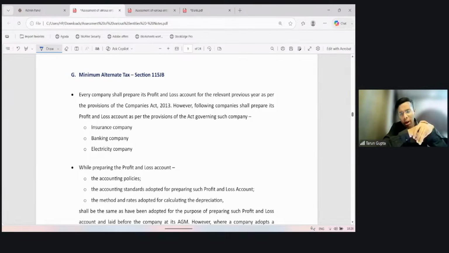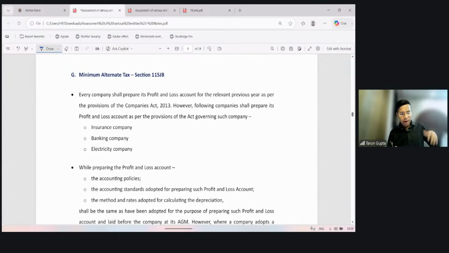Now here comes a special incentive for the new manufacturing entity, set up on or after 1st October 2019 and started manufacturing on or before 31st March 2024. If they are engaged in manufacturing or production of an article or thing or generation of electricity, then they can opt for 15%.